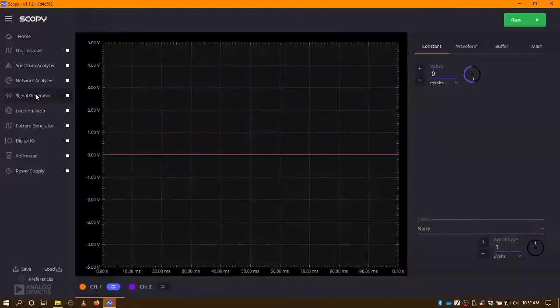So we'll open up the signal generator feature, and the signal generator here for the M2K is a two-channel device. They're single-ended. In other words, there is a signal lead and a ground lead for that channel. They can output a signal voltage of plus or minus 5 volts to a frequency of 5 megahertz.